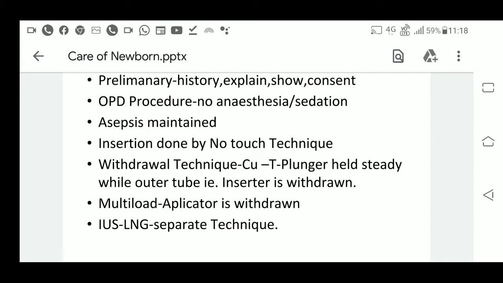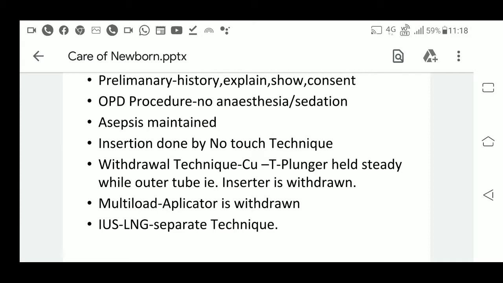Accordingly, on the introducer we will adjust the flange which will touch the external os, and we introduce this loaded IUCD into the uterine cavity.